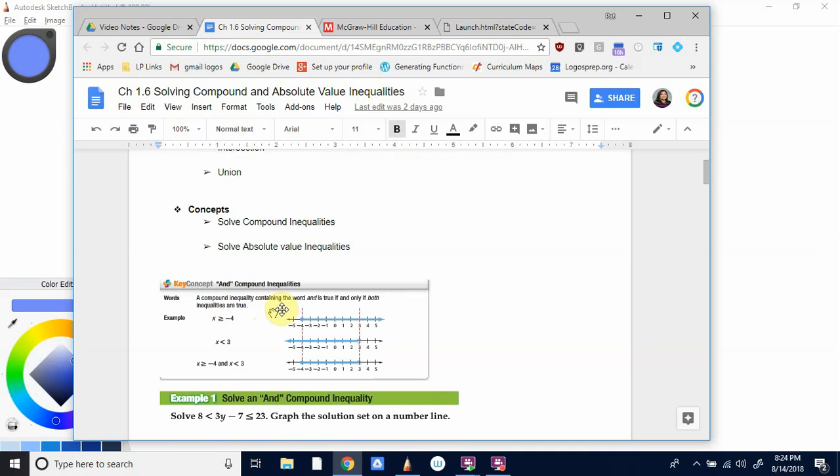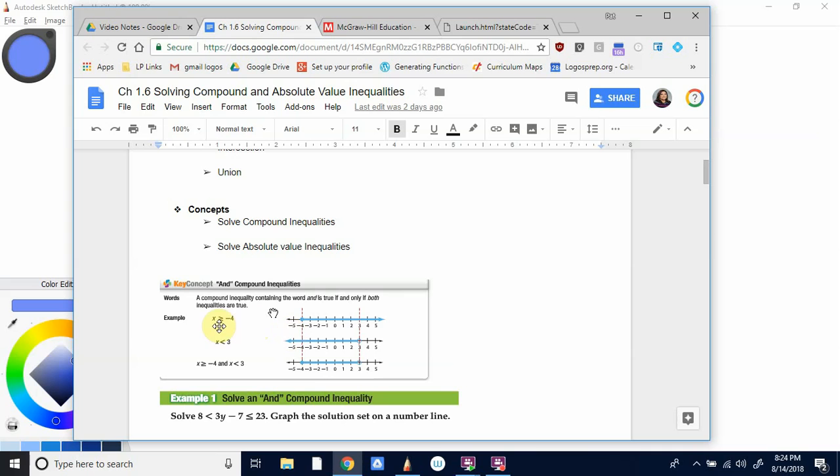Compound inequalities with the word and are true if and only if both of the inequalities are true. So we're saying if this happens and that happens, and that's why we call it the intersection. It's where the graph of the compound inequality contains the intersection of the two solutions.